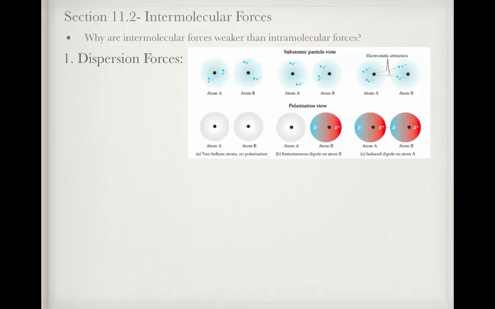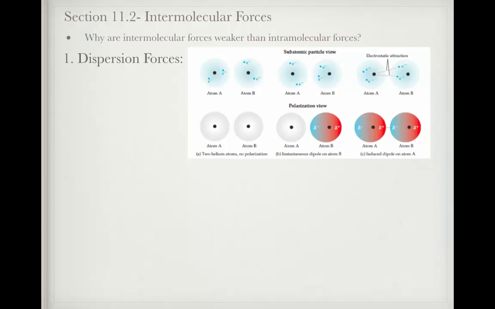Now, if you look at C, what happens once atom B has a dipole, it will induce a dipole in A, meaning it will create a dipole in atom A. So as you notice, since atom B has a partial negative charge on the left-hand side, that will cause the electrons in atom A to be pushed over to the left-hand side because electrons repel electrons, causing the right-hand side of atom A to have a partial positive charge and the left-hand side of atom A to have a partial negative charge.